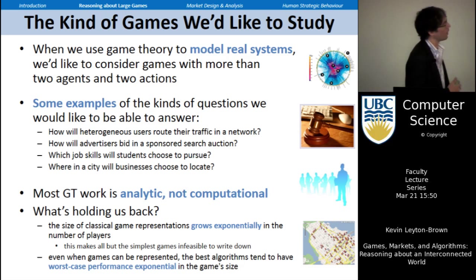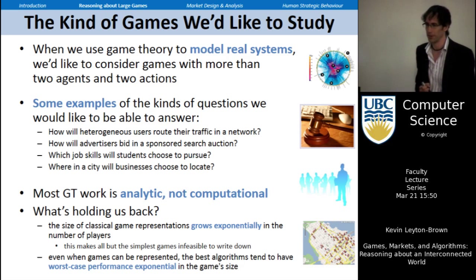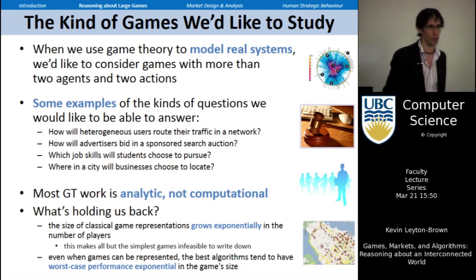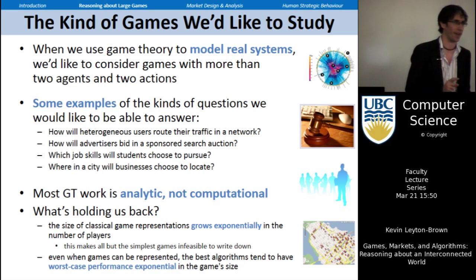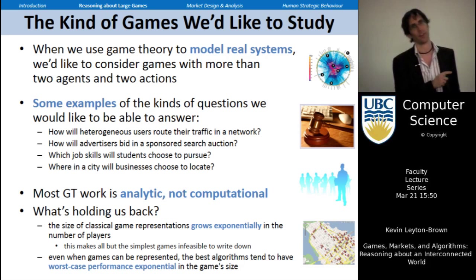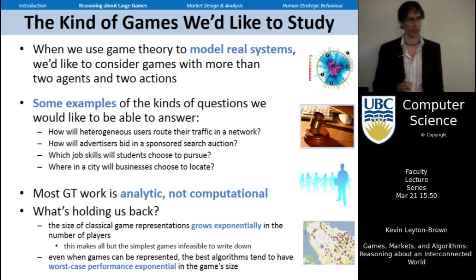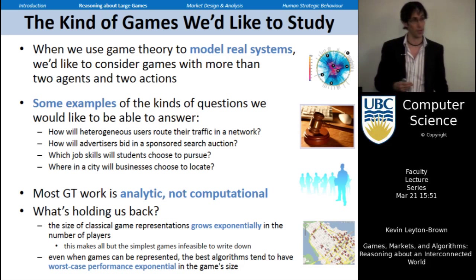So I came to be asking myself, what's holding us back from actually doing this? And I think a big part of the answer is a question of representation. So that 2x2 matrix that I put up for you before was sort of beguilingly simple. But if you think about what it represents, I had one dimension in the table for every player, and I had one entry along every dimension for every action. So if you think about a game with 20 players in it, to write that down, I would have a 20-dimensional table.